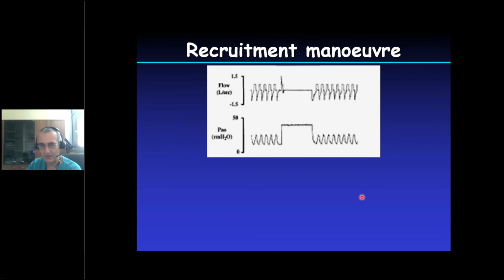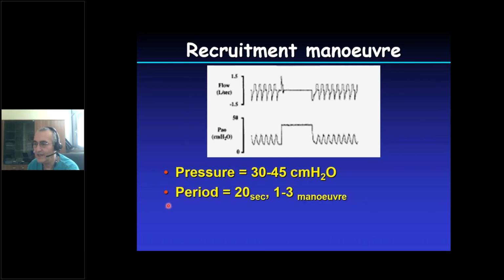This is the way I use in my clinical practice. This is another way to see the maneuver. The pressure that we apply depends on the subject, but is between 30 and 45 centimeters of water. The period, as I told you, is 20 seconds. We usually apply only one maneuver and see the effect, and then we will go back to this point later on.